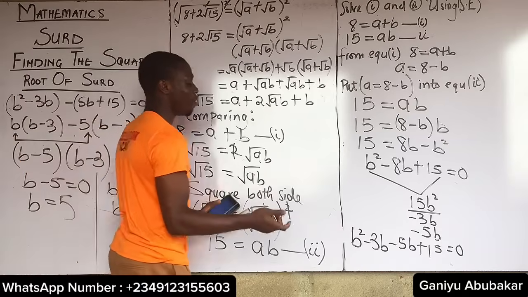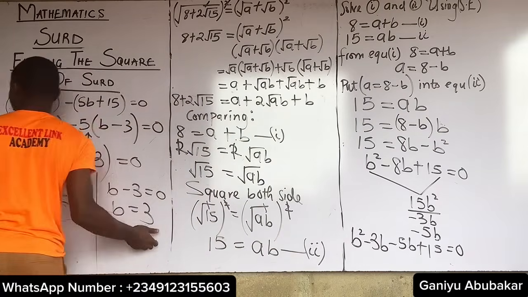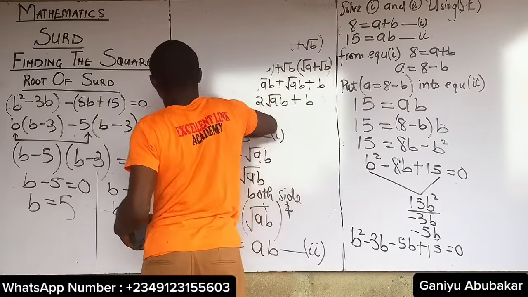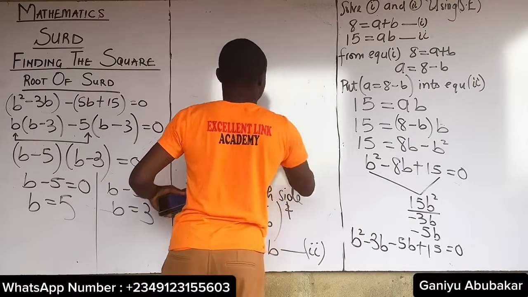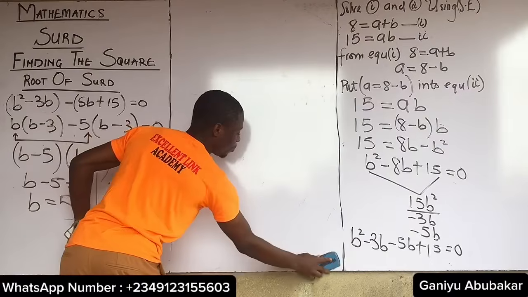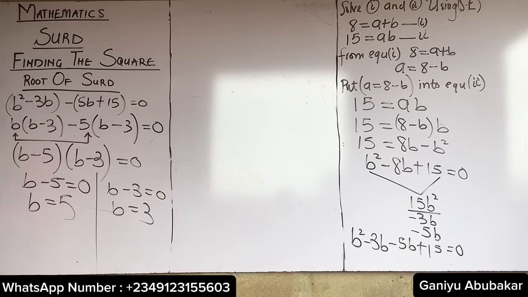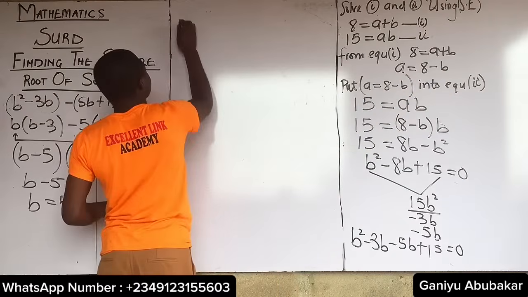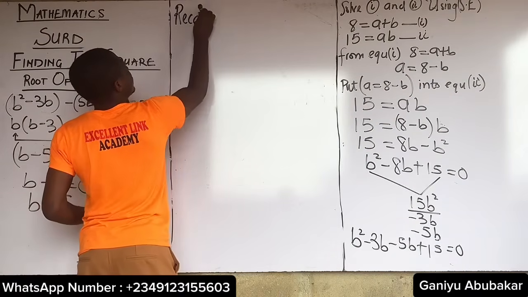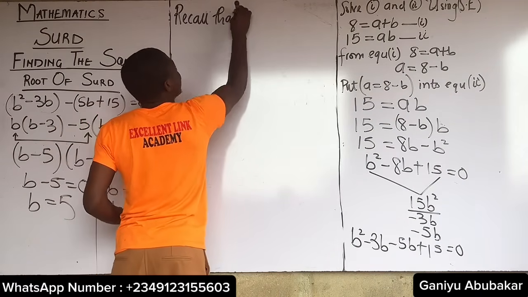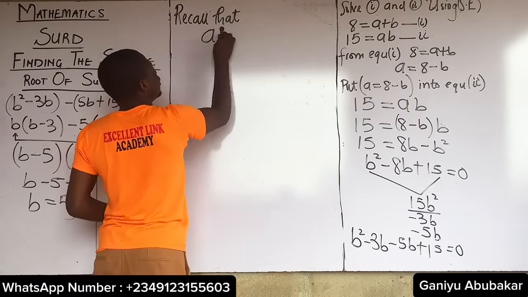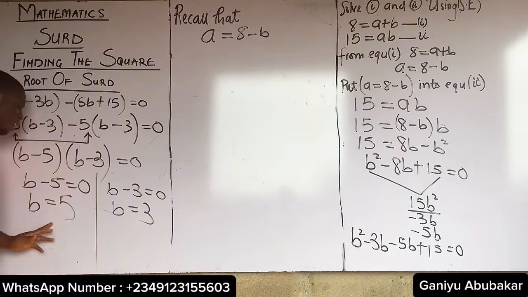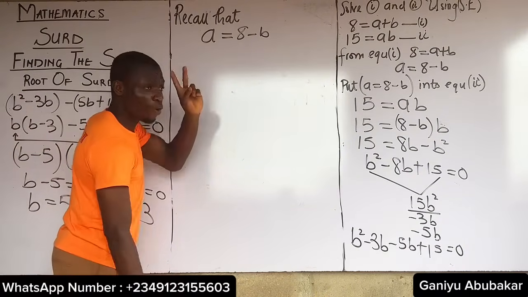Let's now get the value for a. I've gotten my two values for b. Let's get the two values for a. Recall at this point here that we said a is equal to 8 minus b. So since I'm having two values of b, it means I'll have two values for a.